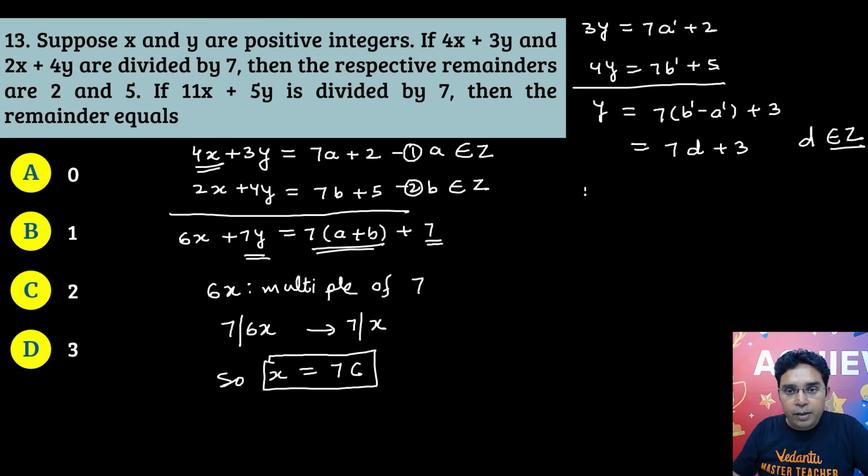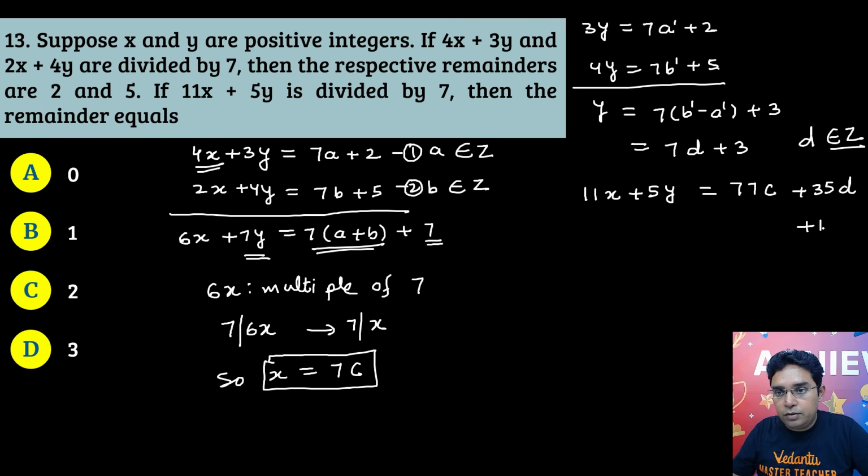Now, if I am going to divide 11x plus 5y by 7, let us write whatever we have obtained. x is 7c, so it will be 77c, c is an integer, plus 5 into 7d, so 35d, plus 5 into 3, 15.